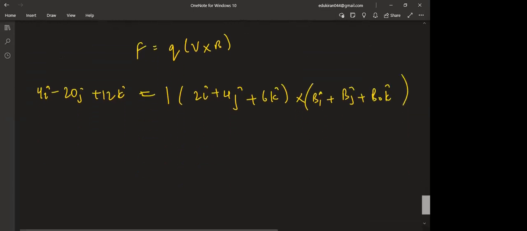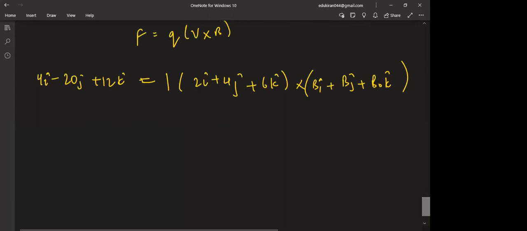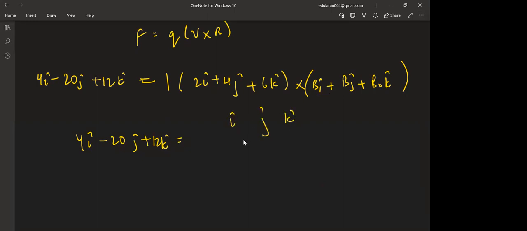Basically, we have to find their cross product, which will give us the resultant answer. So this means that this force, 4I cap minus 20J cap plus 12K cap, is equal to what? Cross product means just make the determinant for the cross product. The coefficients of these are 2, 4, 6, and the coefficients of these are B, B, and B naught.